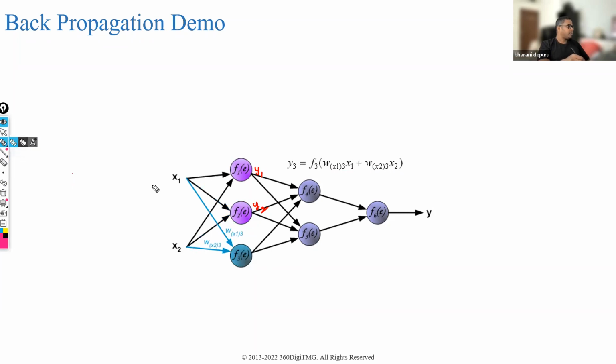Then say you have two more weights. This weight into this input plus this weight into this input will give you the integration component. Pass it on to the activation component, and then you get Y3.